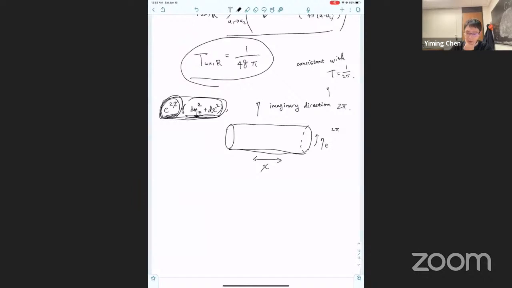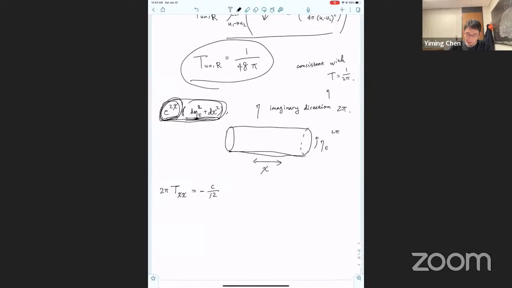The Casimir energy tells you that the stress tensor in the chi-chi direction times 2 pi should be equal to the Casimir energy, and that should be minus C/12, if I remember the formula correctly. Here it is a free scalar, so C is just 1, that is minus 1 over 12.